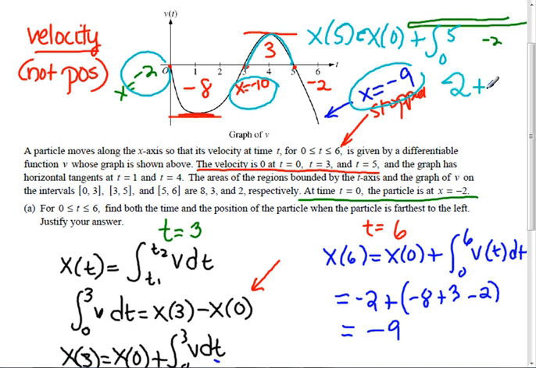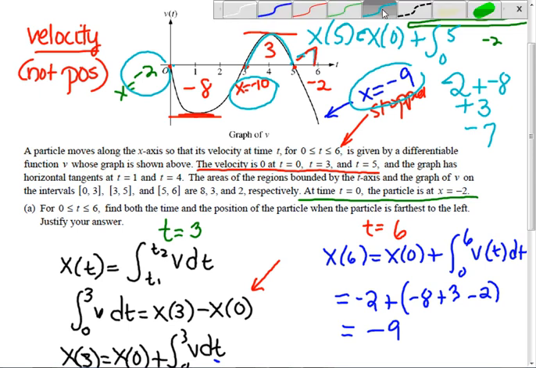Plus, what's the integral from here to here? Negative 8 plus 3, right? And what is that? Negative 7. I didn't lift my finger up before. Negative 7. There.